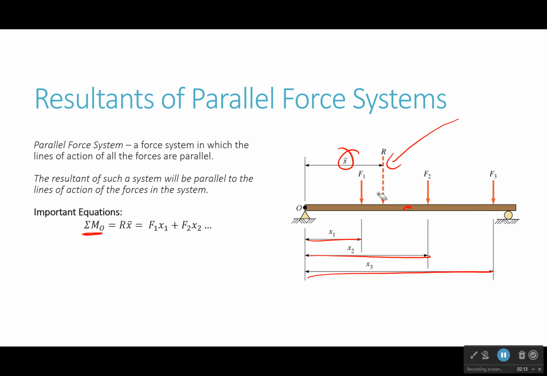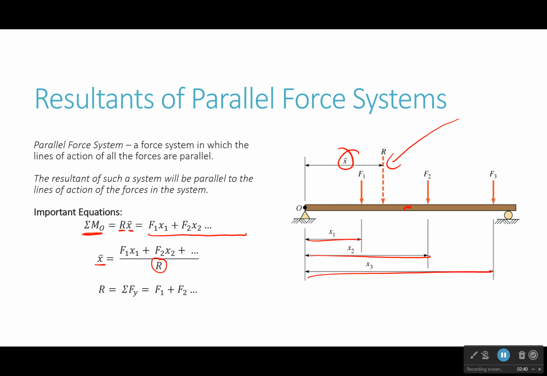Okay, so what we know is that our resultant force, times its distance from that, which we don't know, will be equal to the sum of all the other moments. And we can then solve for that. However many moments we have, we just sum all those moments, and then we divide by our resultant force to get that value x. And in case you forgot, that resultant force would be the sum of all the forces.